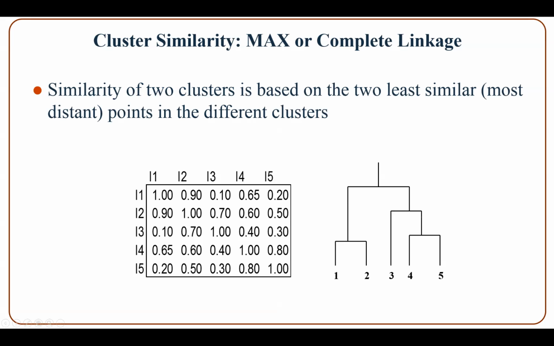We look at the farthest point from point 3, which is point 1 in the cluster on the left, and the other farthest point, point 5, in the cluster on the right. So we can see point 3 is actually closer to the cluster on the right. So point 3 is merged to the cluster on the right.